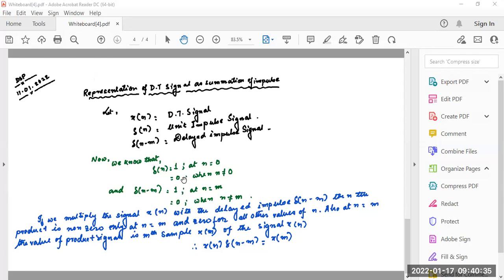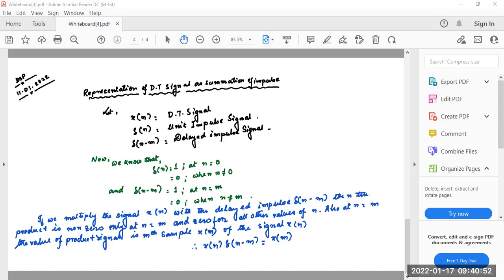As per the definition, delta n equals 1 at n equals 0 and equals 0 when n is not equal to 0, and delta n minus m equals 1 at n equals m and 0 when n is not equal to m. So if we multiply the signal x of n with the delayed impulse delta n minus m, then the product is non-zero only at n equals m and 0 for all other values.